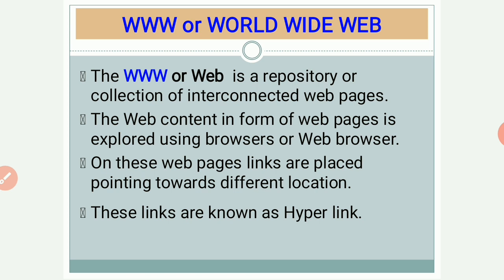On these web pages, links are placed pointing towards different locations. It means a special text known as a link or hyperlink is used to connect one page to another.